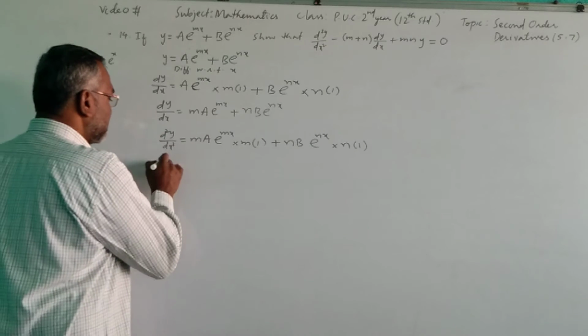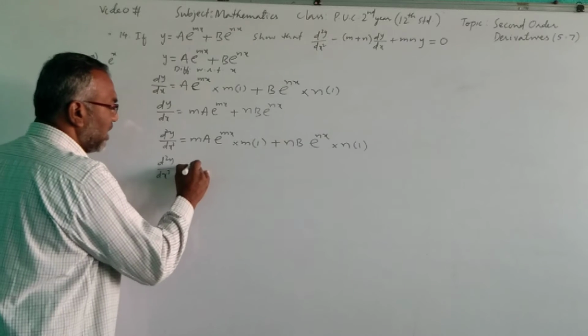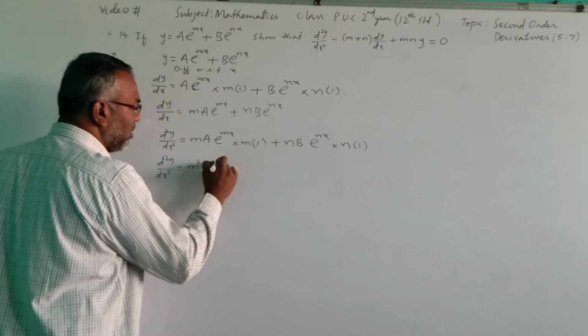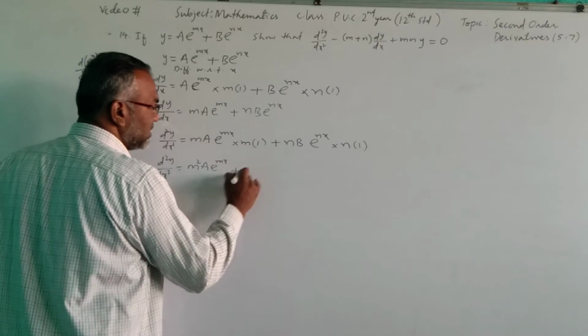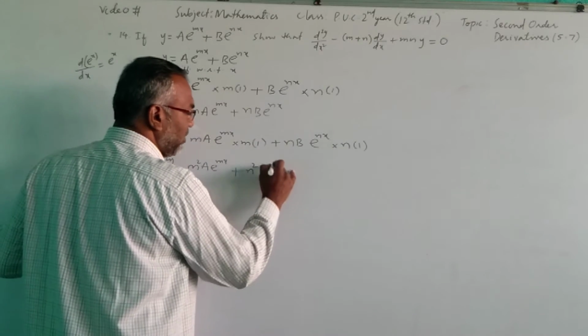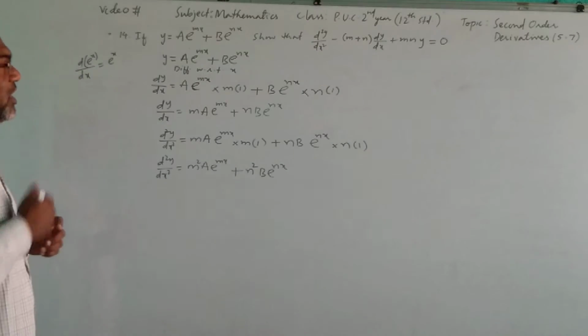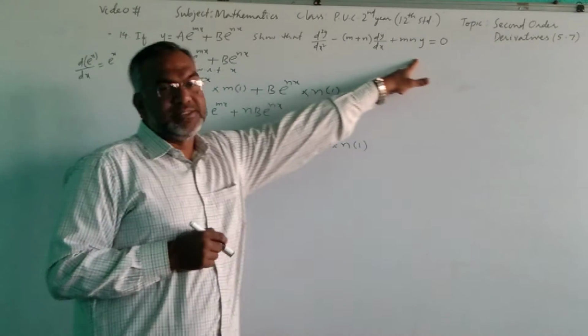So d square y by dx square is equal to m square a e to the power of mx plus n square b e to the power of nx. We got the second order derivative, right? Now we are not getting this here.